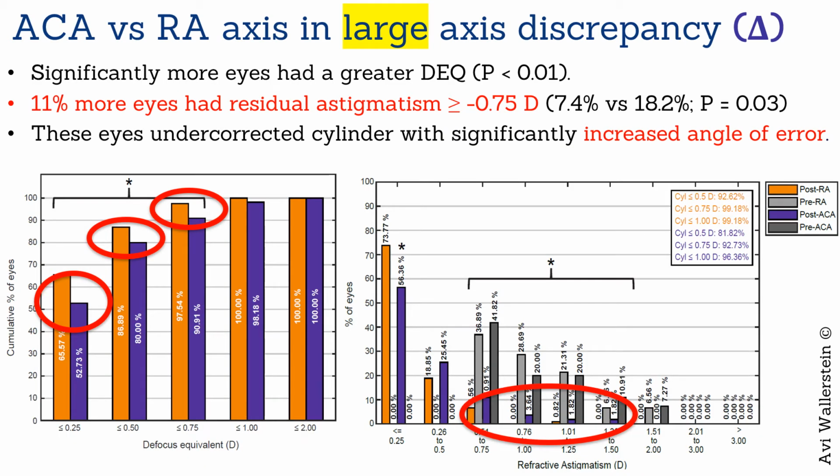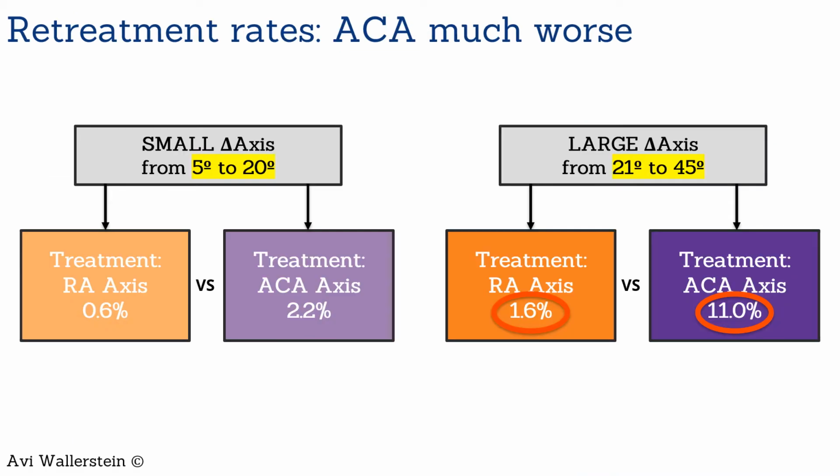We also found that the defocus equivalent was significantly higher. 11% more eyes had residual astigmatism greater than 0.75 diopters, with a significant increased angle of error above 15 degrees. And look how telling the retreatment rates were in the large axis group, 1.6% versus 11% in the ACA treated group.